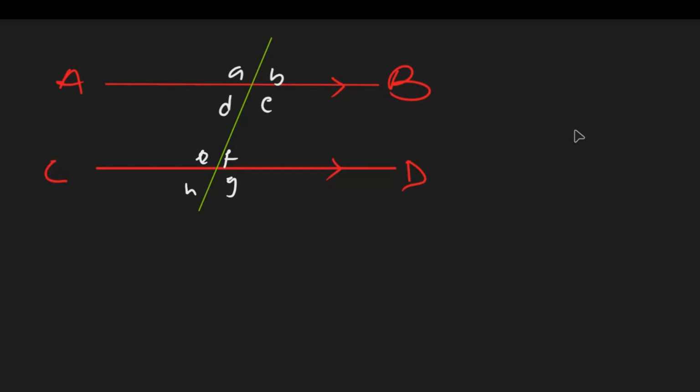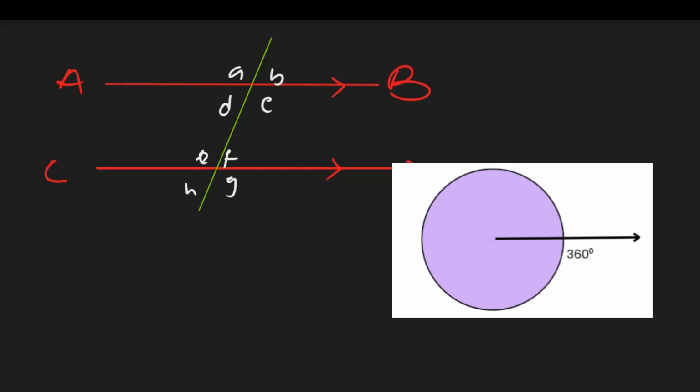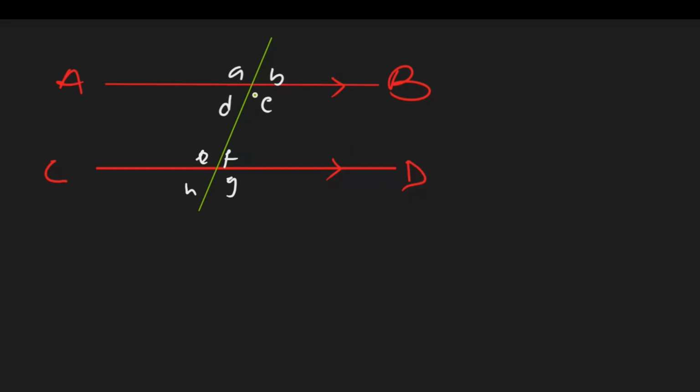Our last angle property for parallel lines is angles at a point, and let's see how we can figure them out. Angles at a point sum up to 360 degrees, because they form something like a circle. The sum of the angles of a circle is 360 degrees. So that is why angles at a point sum up to 360 degrees. When you come to this diagram, we have a certain point here.